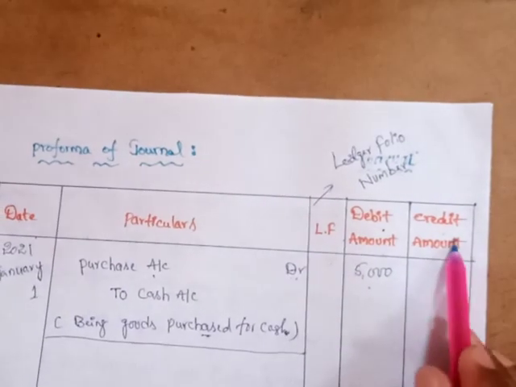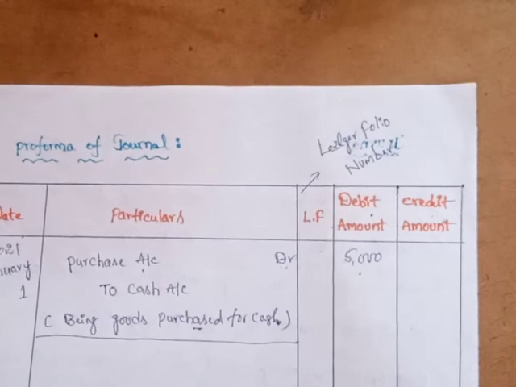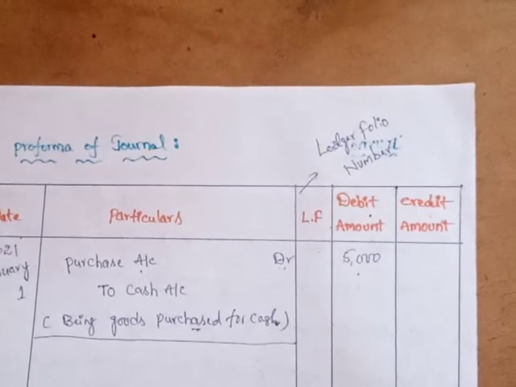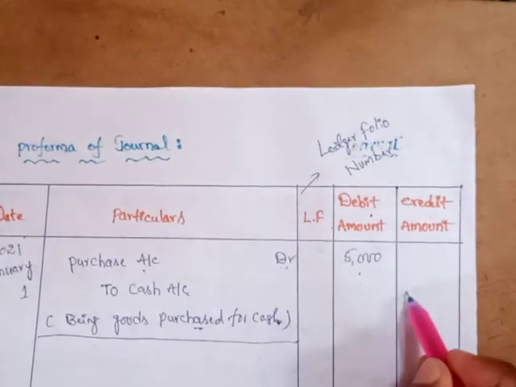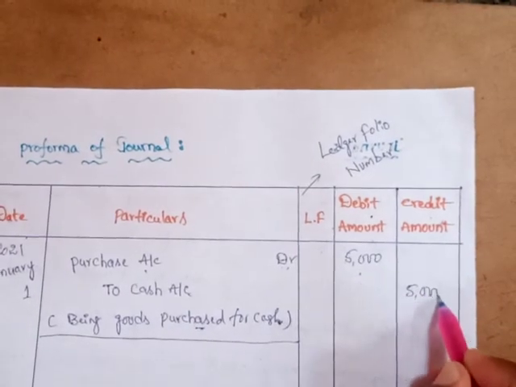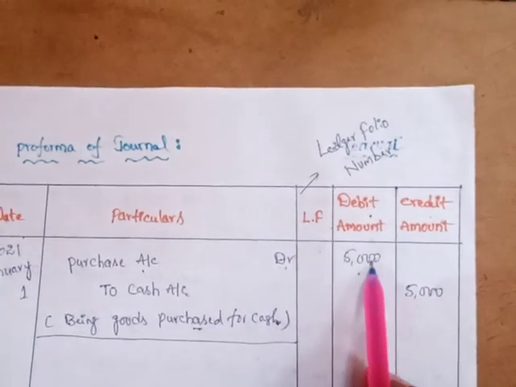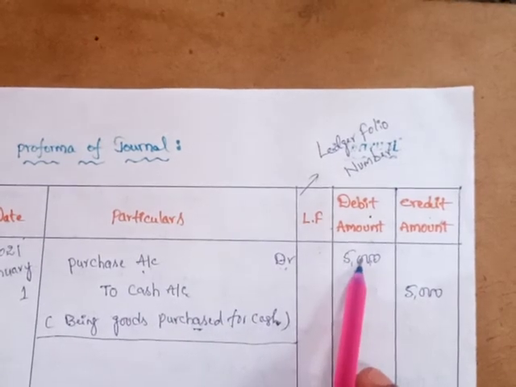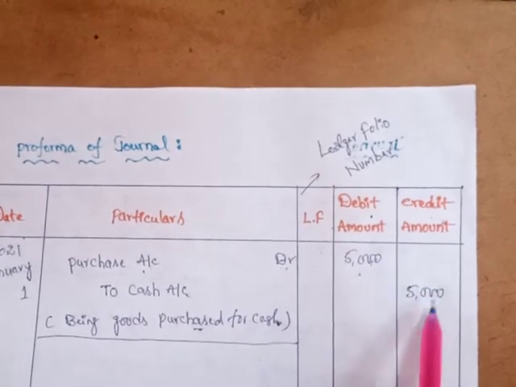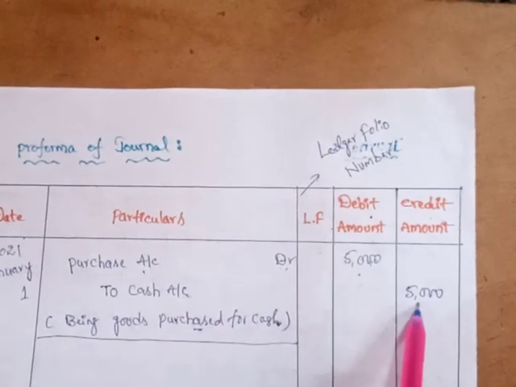Next, credit amount column. In this column also, we should write the credit amount against the credit line in credit column, 5,000. So in debit amount column, we write the debit amount against the debit line, and in credit amount column, we write the amount against the credit line.